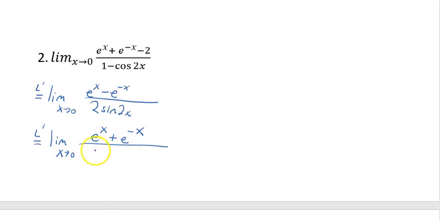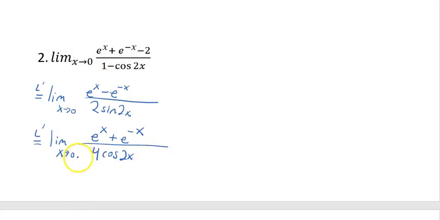On the bottom, I bring down the 2, and the derivative of sine is cosine, and the derivative of 2x is 2. So again, on the bottom, I'm probably just going to multiply this 2 in the back with that 2 in the front and write a 4 in the front, just so that it's easier to work with.